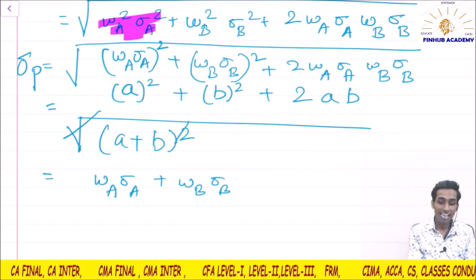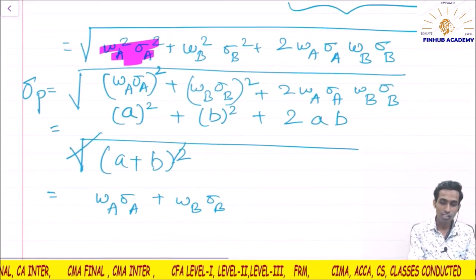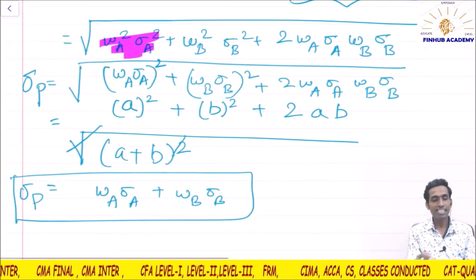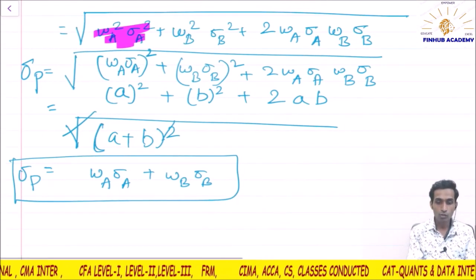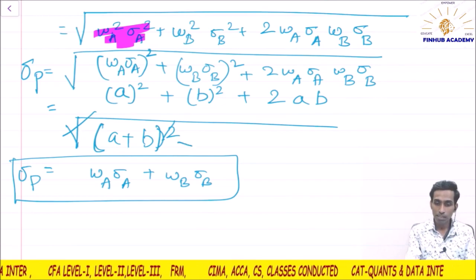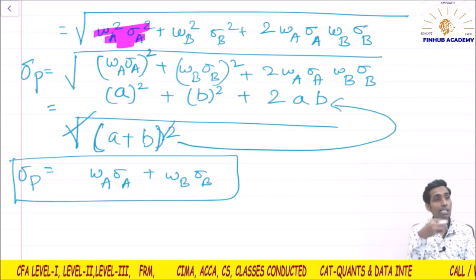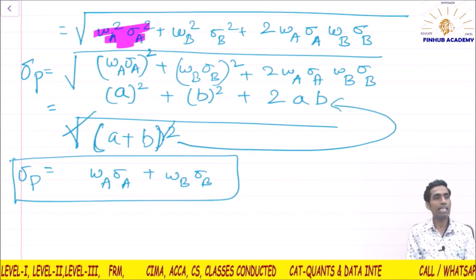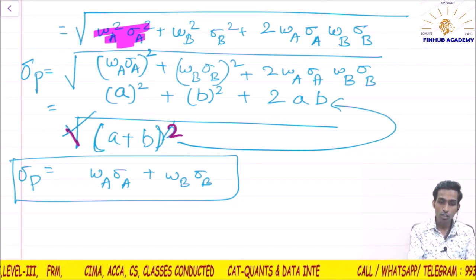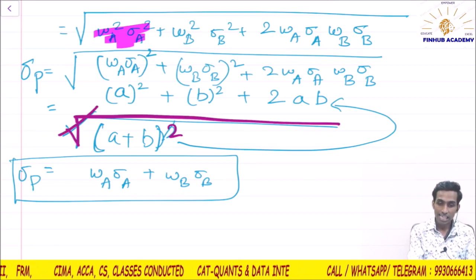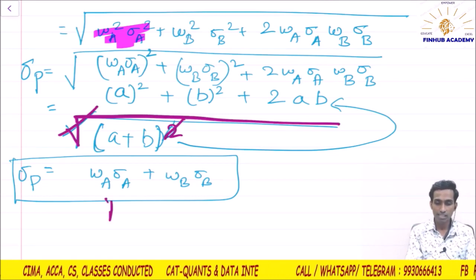So whenever R is 1, portfolio risk becomes this. Easy. You understood what I did? This is the A plus B the whole square identity. A plus B the whole square is what? A square plus B square plus 2AB. So here it is square and here it is square root. So ultimately what will happen? It gets cancelled. So A plus B. A was this, B was this.